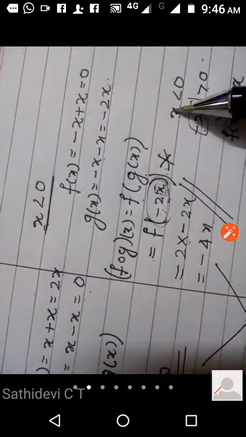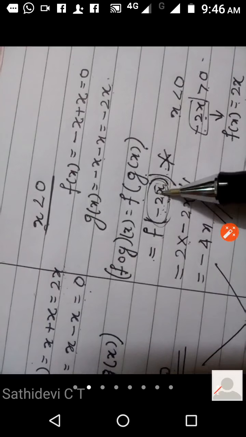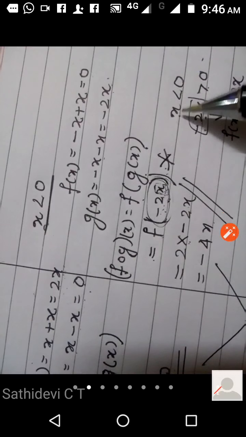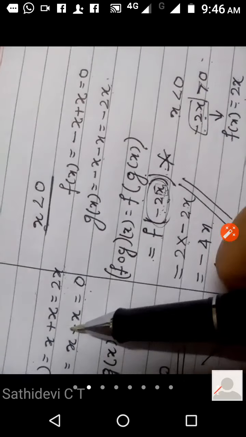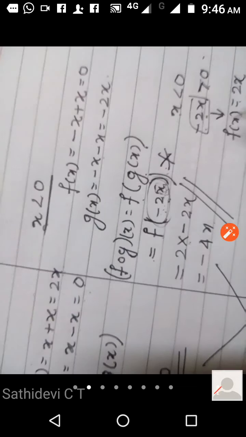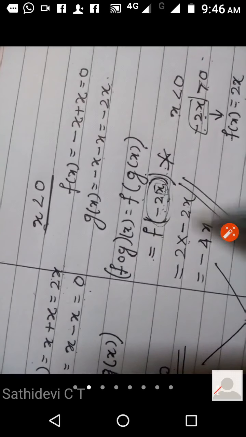But here the value is minus 2x. So if you multiply this inequality using minus 2, the sign gets reversed, and this is minus 2x greater than 0. That means when this element is positive, f of x definition is 2x from the previous case. So you are applying here because this is positive. So f of minus 2x is 2 into minus 2x, that is minus 4x, and combined we have written the value like this.